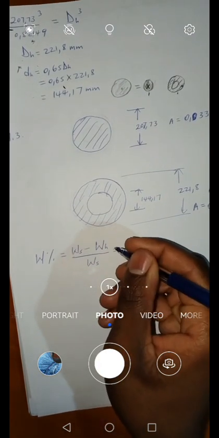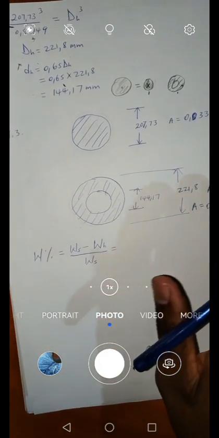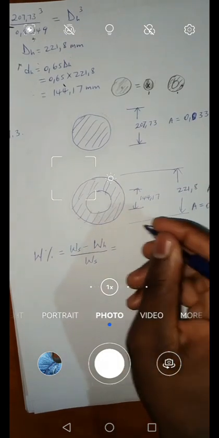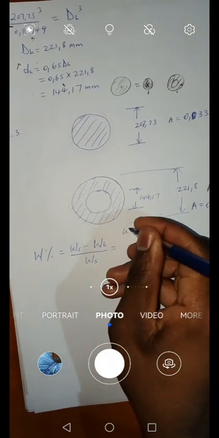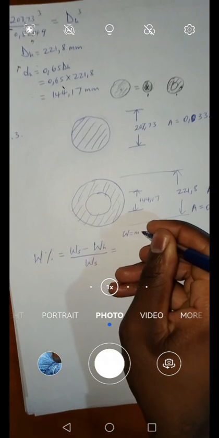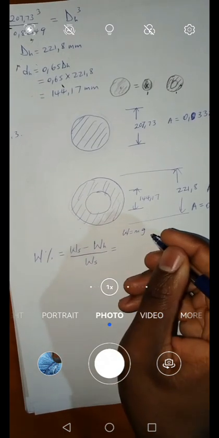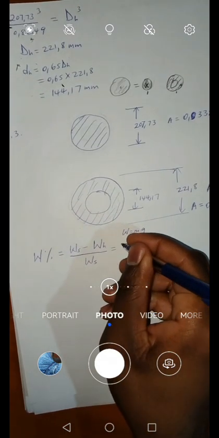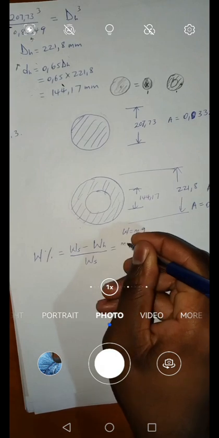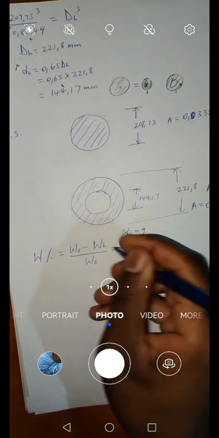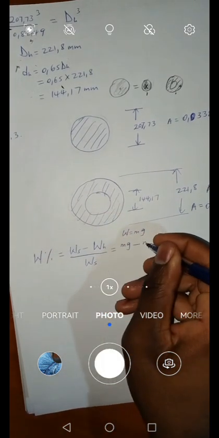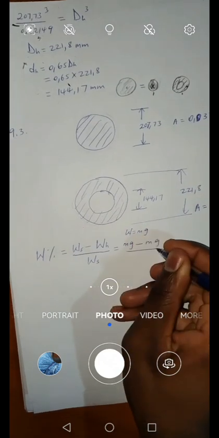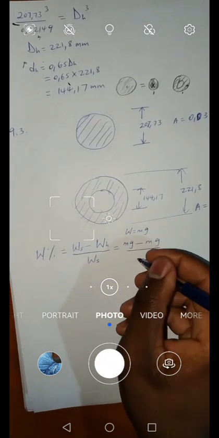And then we know that weight equals mg, gravitational force. So we replace this weight by mg, minus this one as well by mg, over mg.